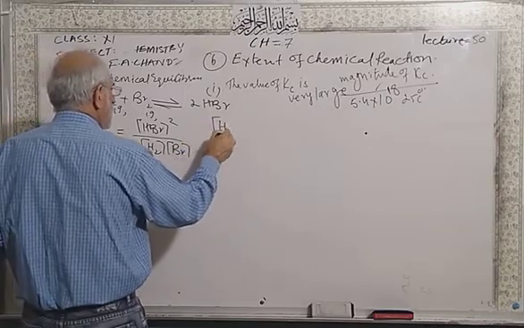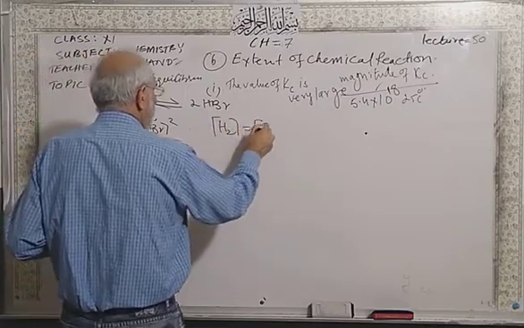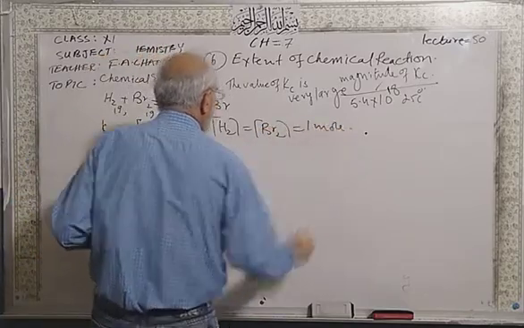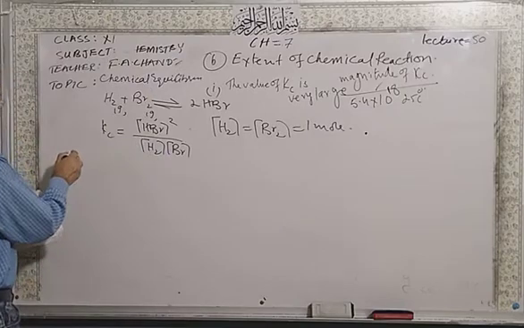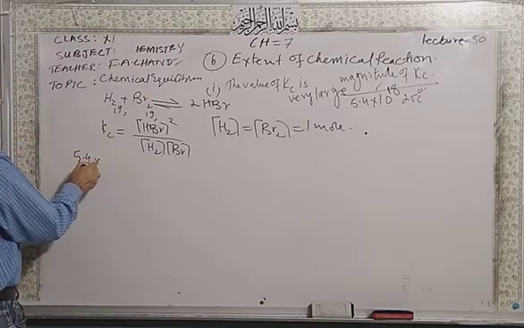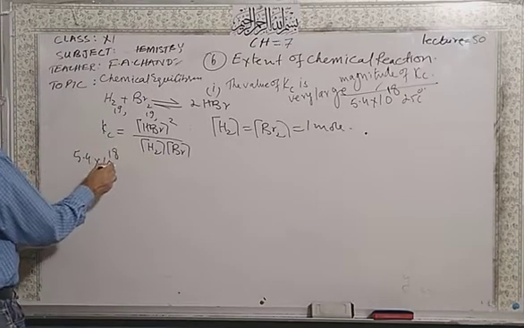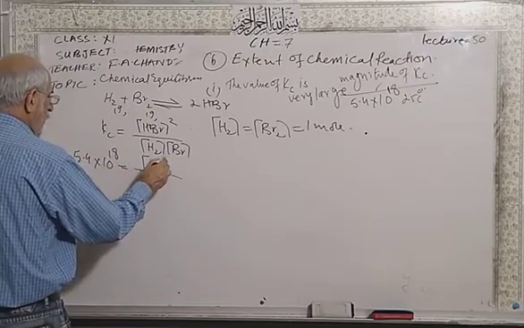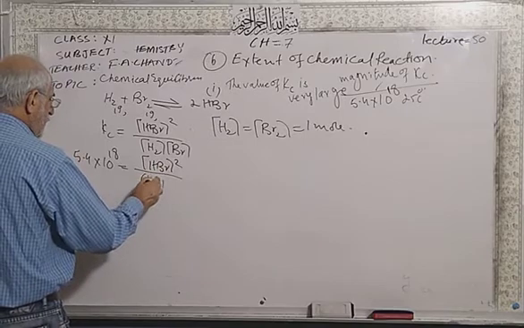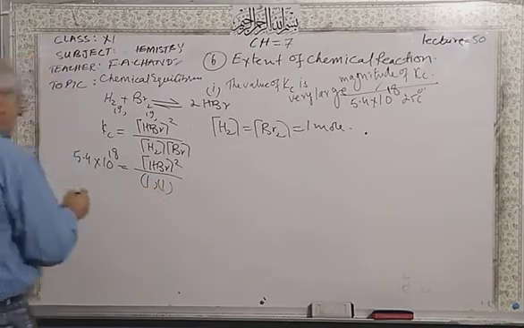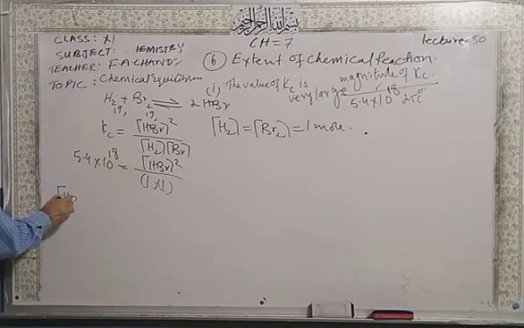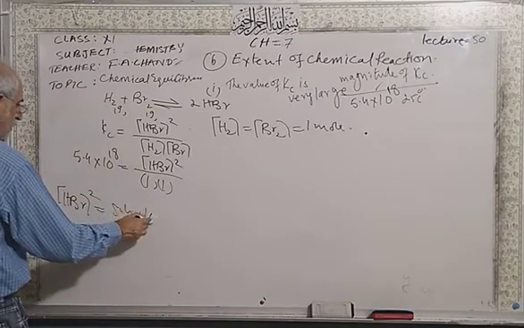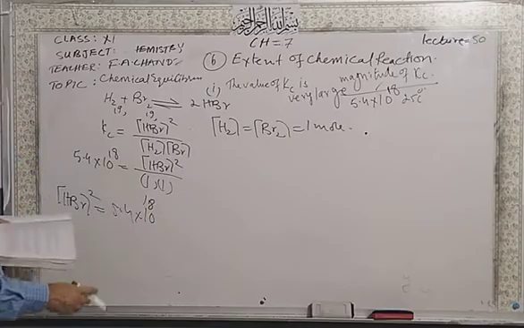Suppose the concentration of hydrogen and bromine is equal to 1 mole, and the value of Kc is given as 5.4 into 10 raised to power 18 at 25 degrees centigrade.